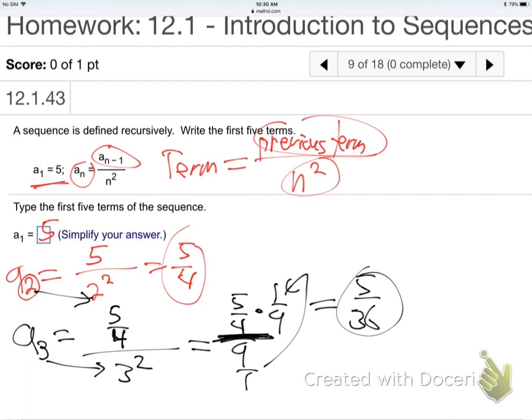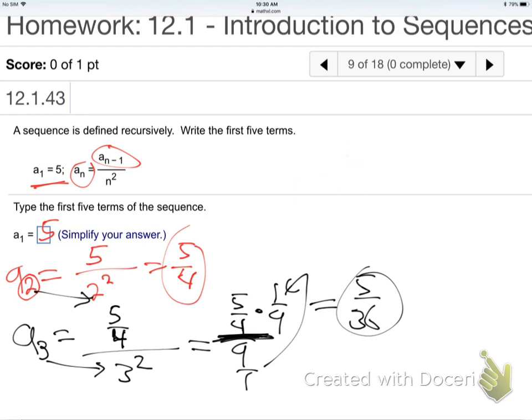Can you find the fourth term and the fifth term? So it's the previous, which would be 5/36 over the term number squared, 4 squared.